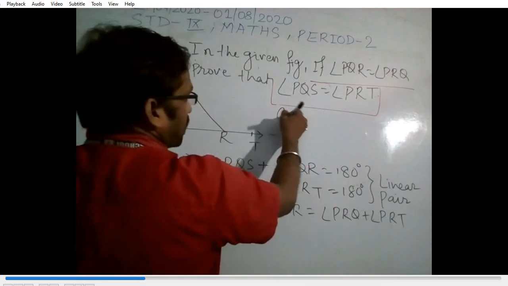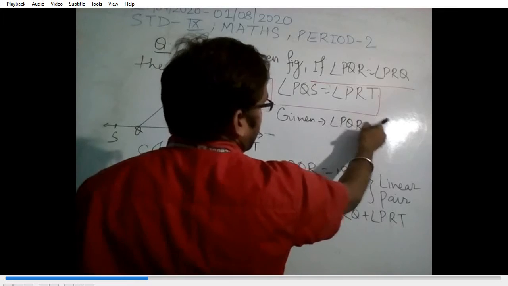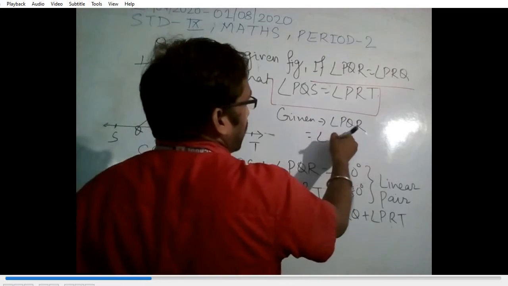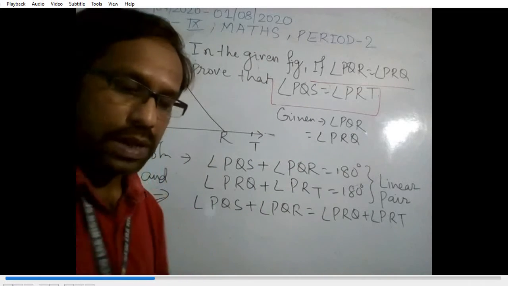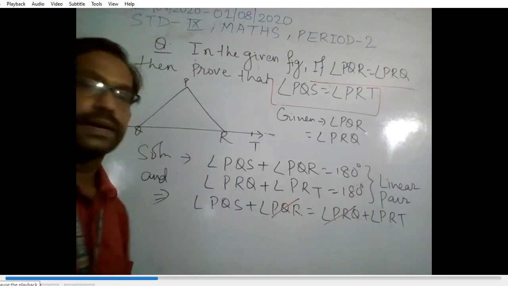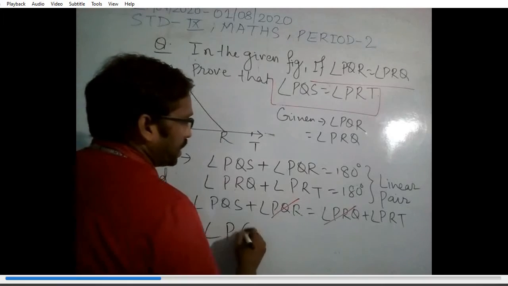So I think now you will come to know what we are going to do here. Given is angle PQR equal to angle PRQ, so in this last line these two angles will get cancelled because they are equal. So now we proved angle PQS is equal to angle PRT.